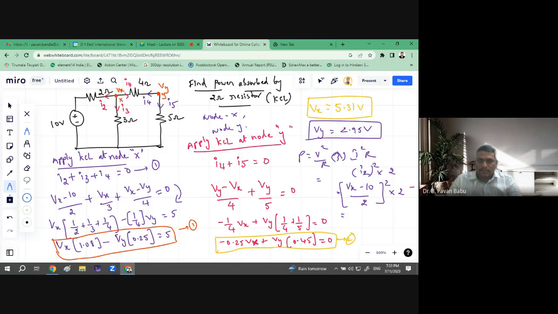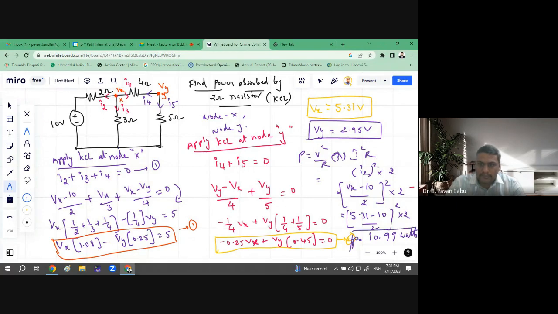With Vx as 5.31, it is (5.31 minus 10) divided by 2, whole square, into 2. Let me check the value. I observed this value as 10.99, or approximately 11 watts.